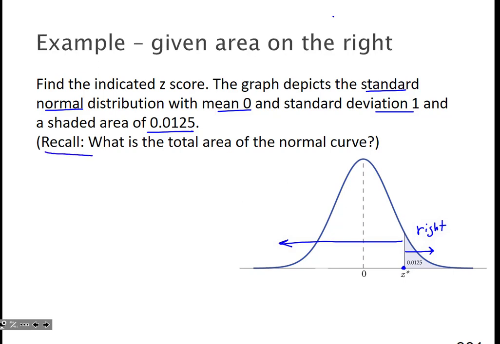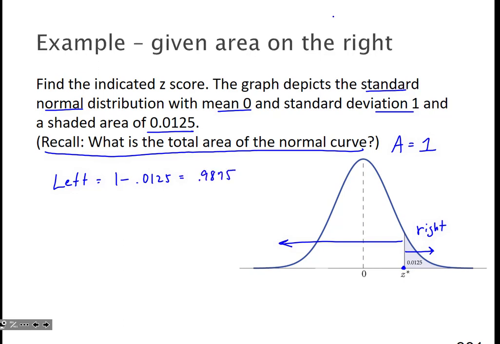And so recall, what is the total area of a normal curve? One whole. So if we know the right-hand side, then the left-hand side is just going to be 1 minus 0.0125, otherwise known as 0.9875.